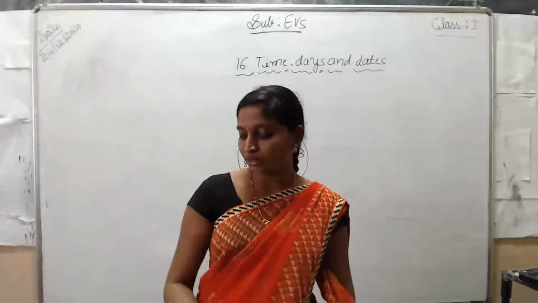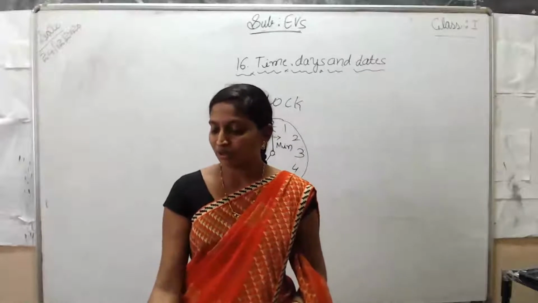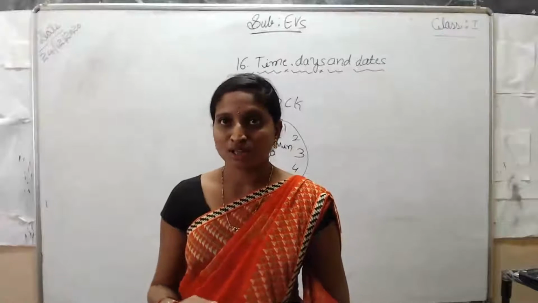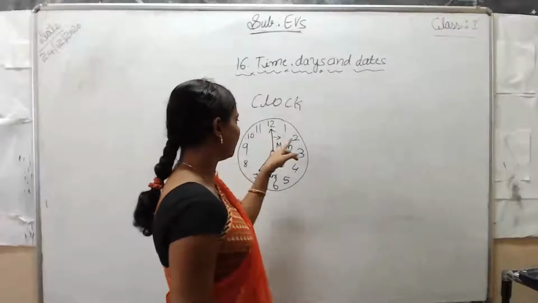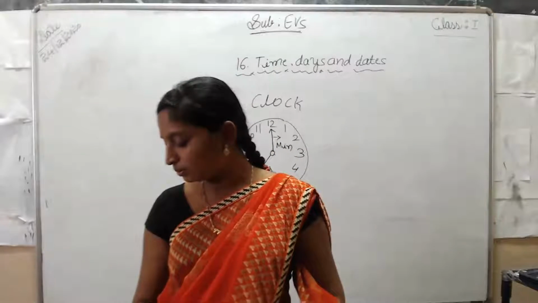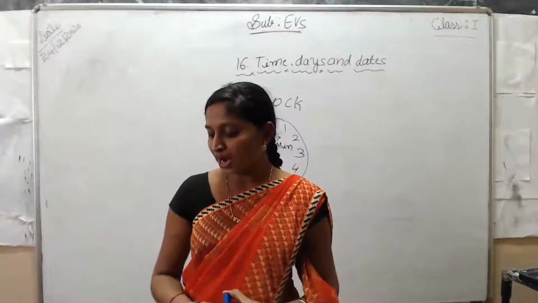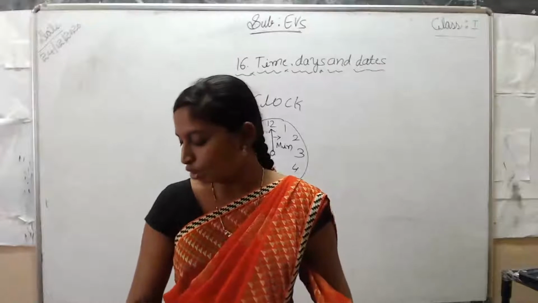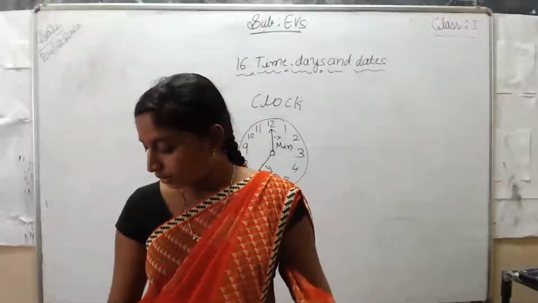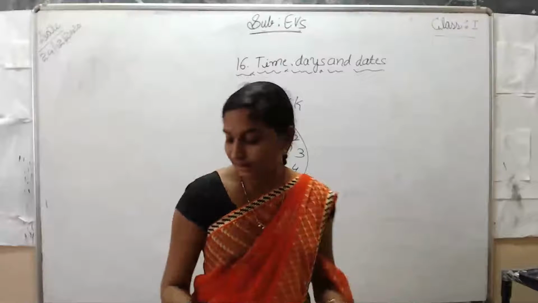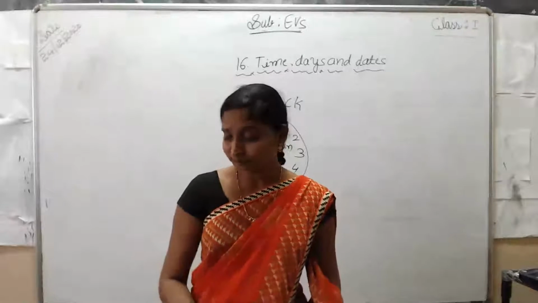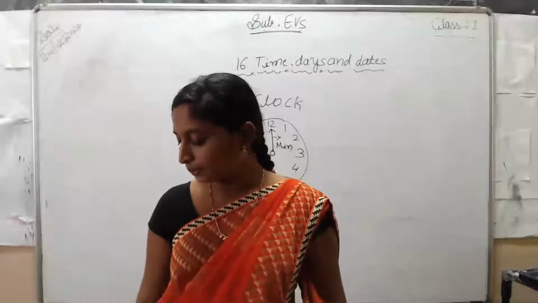And first, what do we do? First direction: cut the big hand. The big hand will be the minute hand. Next, we have to cut the small hand. We have two hands, one big and one small. The small hand will be the hour hand. The thick hand will be the minute hand. Next, attach them to the paper plate with a clip or fastener.